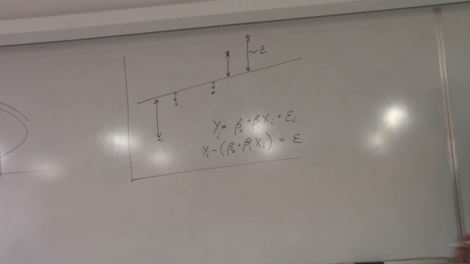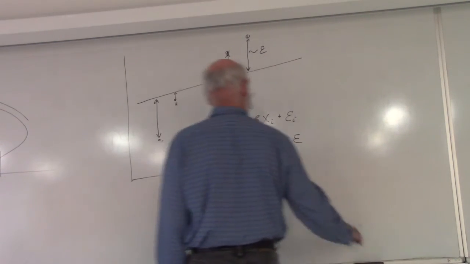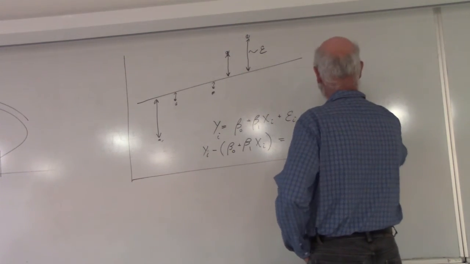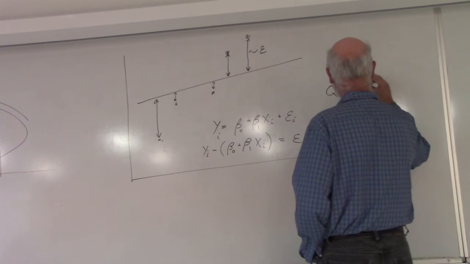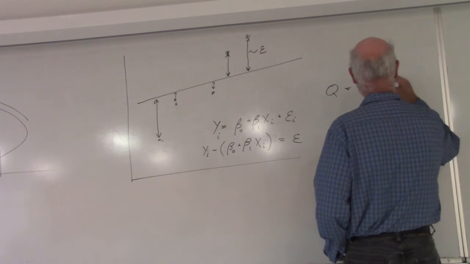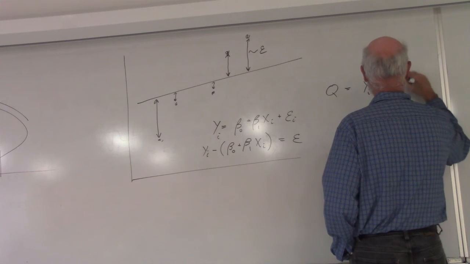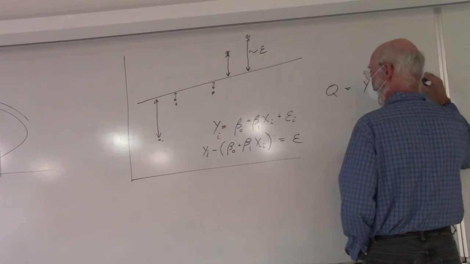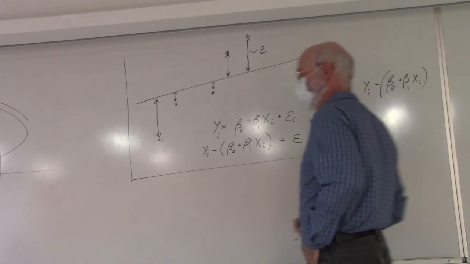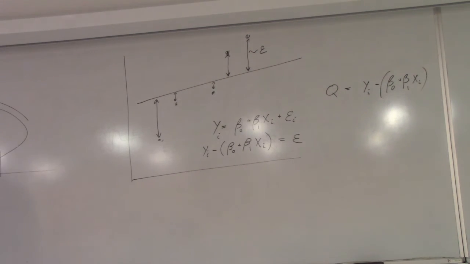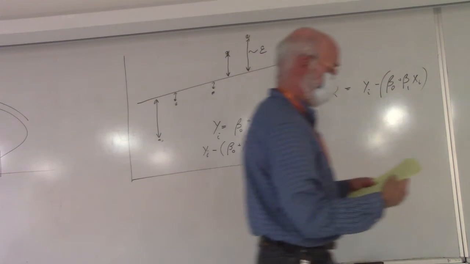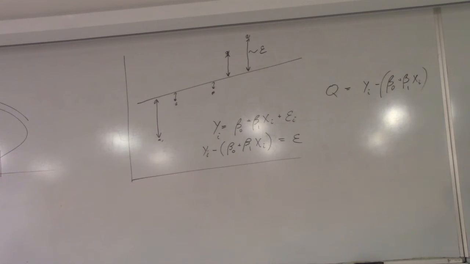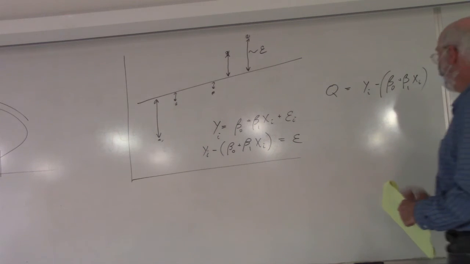So the way I'm going to do that is I'm going to define a function. My function, I'm going to call it Q, is going to be equal to y_i minus (beta 0 plus beta 1 x_i). Except now I'm going to have to add it up across all i's.